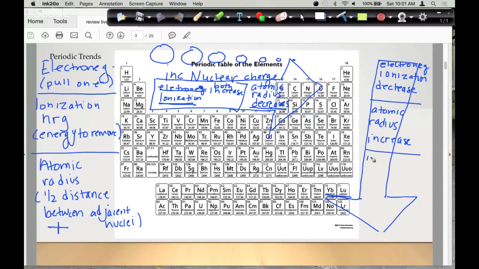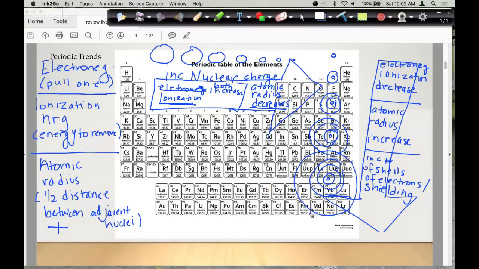And this is because of an increasing number of shells of electrons that shield the nucleus and the valence electrons from each other. So we say that that's an increase in the shielding effect, because as we go down a group, we're increasing the number of shells of electrons, and the only place for the next shell to go is on the outside of the one that was already there.